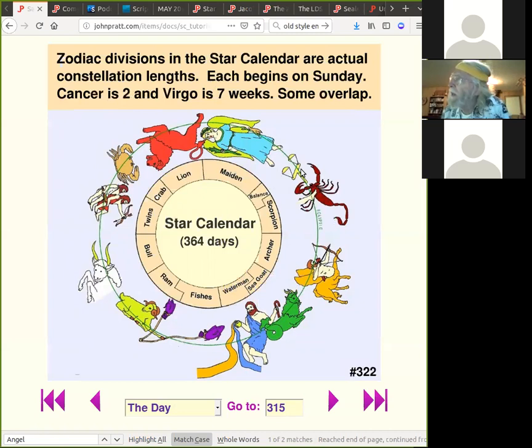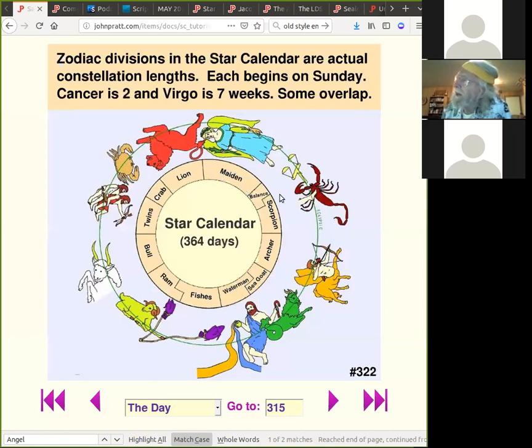I'm pointing at Virgo. Cancer's over here, the crab. The crab really has only 2 weeks, and it doesn't overlap anybody. It goes right up between the twins and the lion very closely. Whereas the maiden has 7 full weeks.